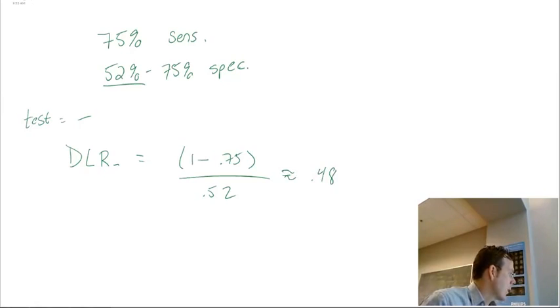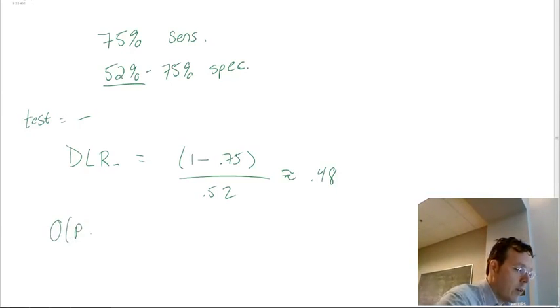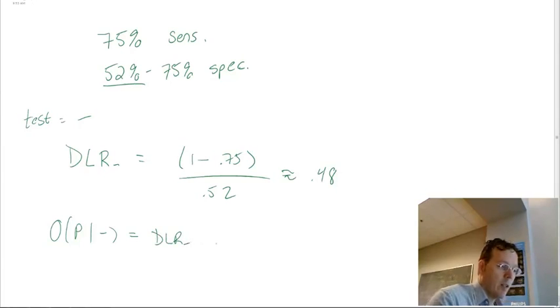Okay. What does this mean? Let's go through this again. Remember that the diagnostic likelihood ratios are probably best interpreted in terms of odds. So the odds of pregnancy given a negative test result equals the DLR minus times the odds of pregnancy in the absence of a test.